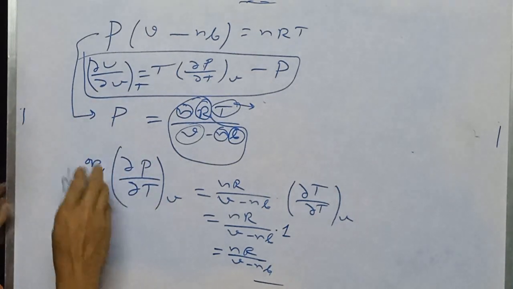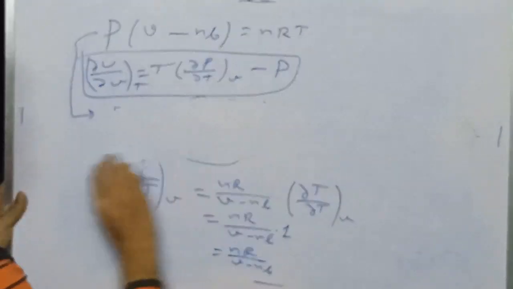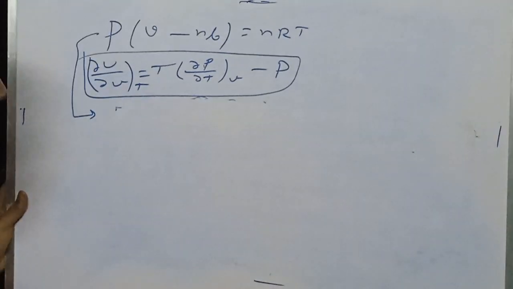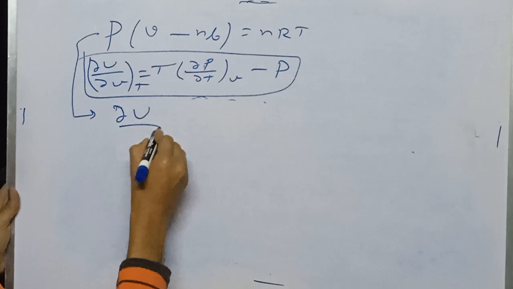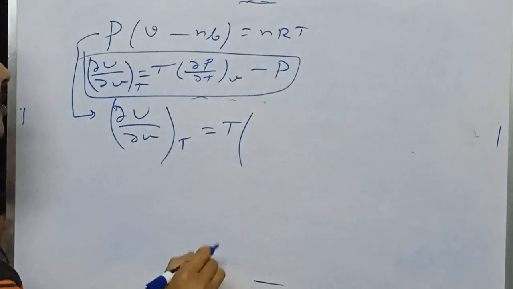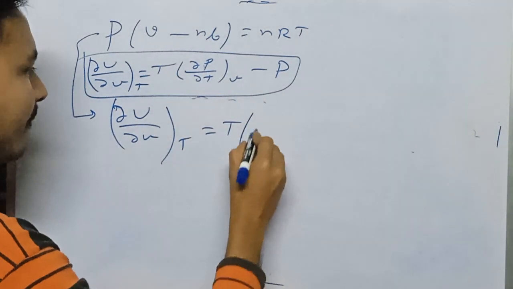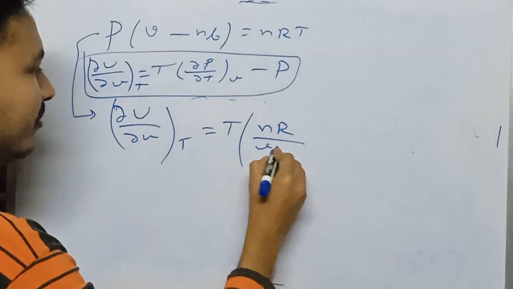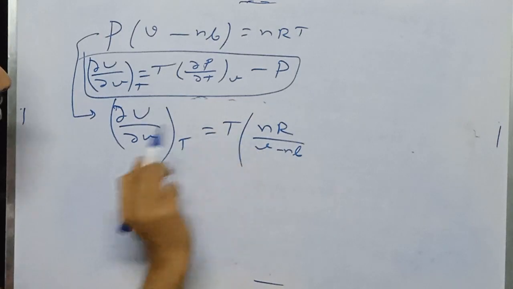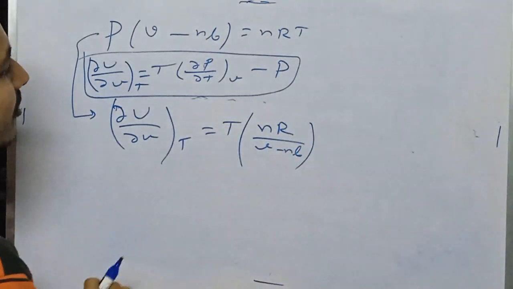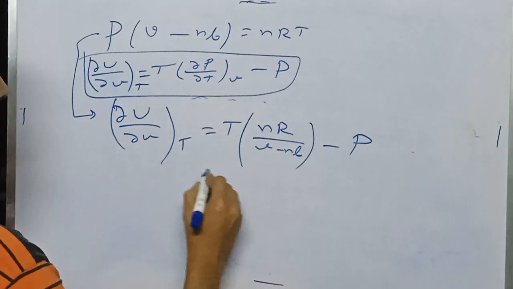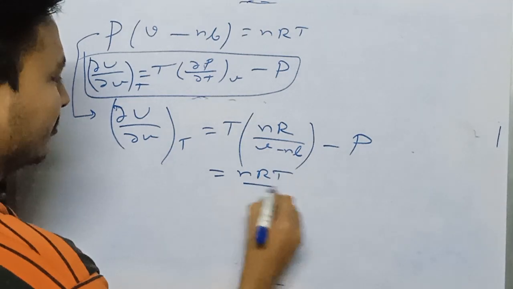Then we obtain that del u del Vt is equal to T into the value of del P del T V, which is nR by V minus nb, which I just derived a few seconds ago, minus P. Now this can be written as nRT by V minus nb minus P.